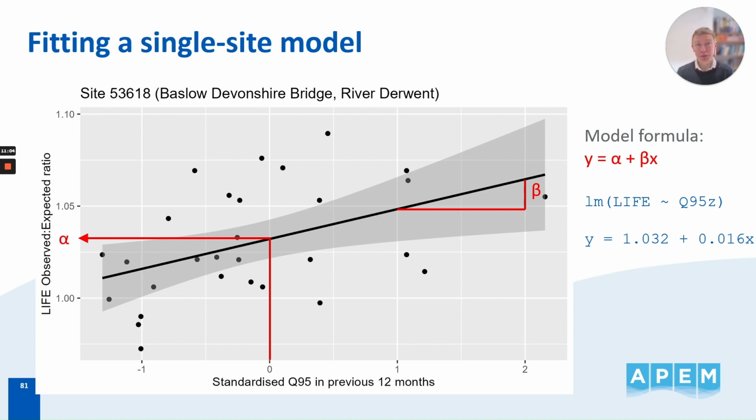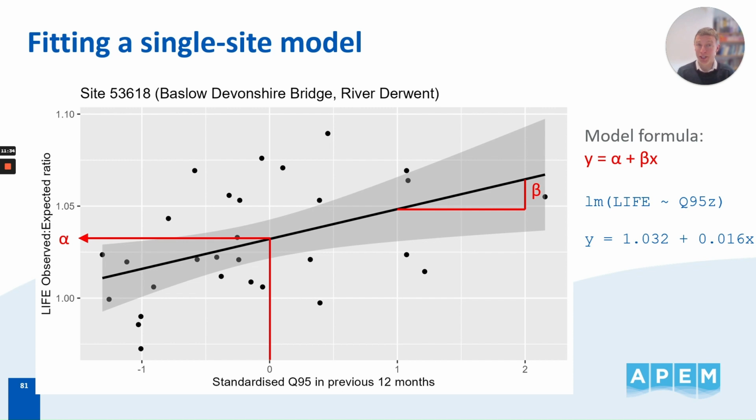So when we fit a linear regression model to the data, essentially we were asking the model to estimate these two coefficients. So we can see here on the slide that our intercept is estimated to be 1.03. So that's the LIFE score under normal flow conditions. And the slope is 0.016. That describes how much LIFE score changes on average every 1 unit change in our standardised flow statistic.